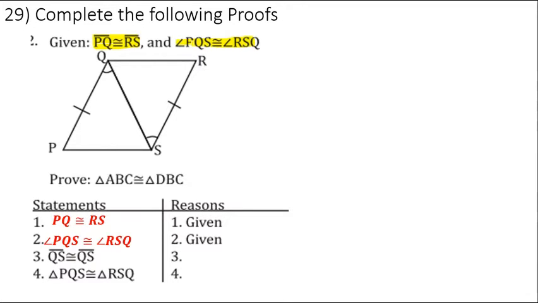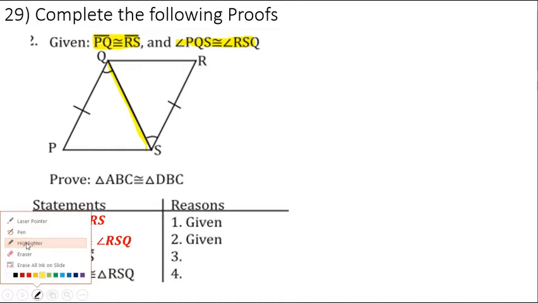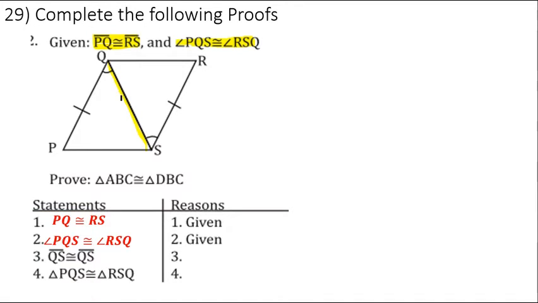So that's another given part. And if you see the two triangles here, they share this side, QS. So you could put 2 marks right here. Remember, when a segment is congruent to itself, reflexive property.